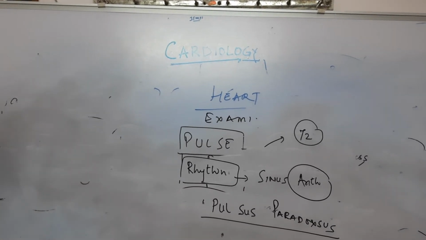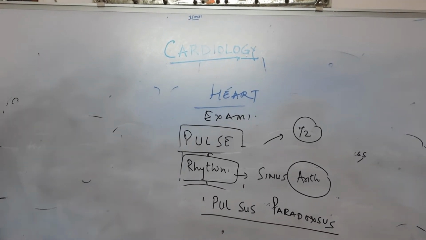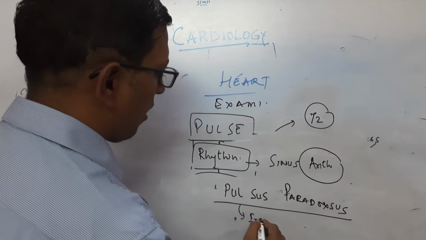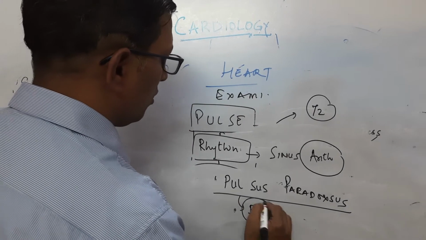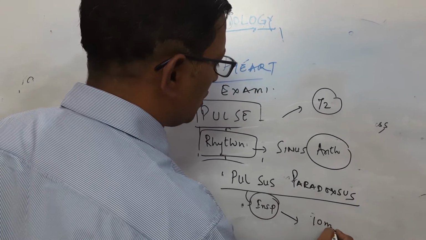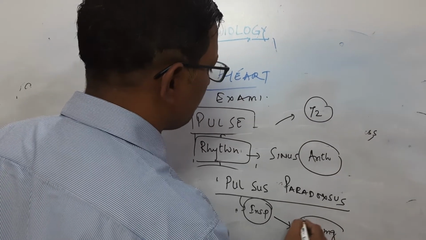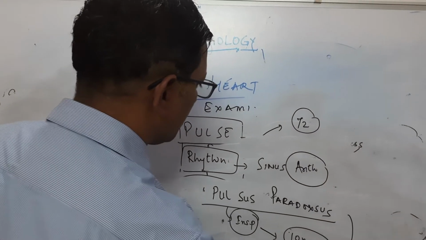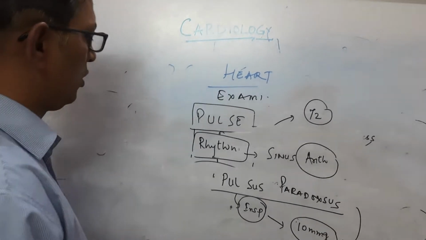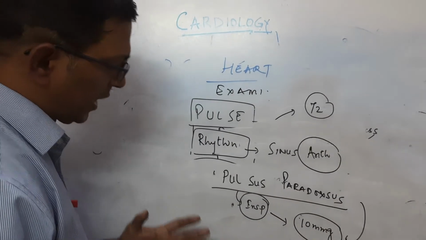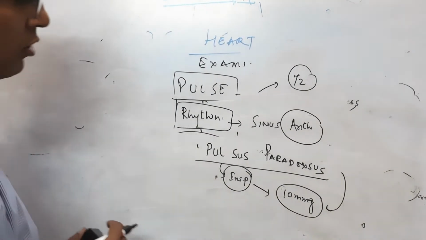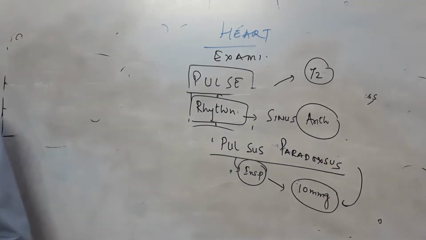The BP falls under inspiration. During inspiration, we know the blood pressure falls from 3 to 10 mm of Hg. When this fall is more than 10 mm of Hg, this is known as paradox, and the pulse is known as pulsus paradoxus.